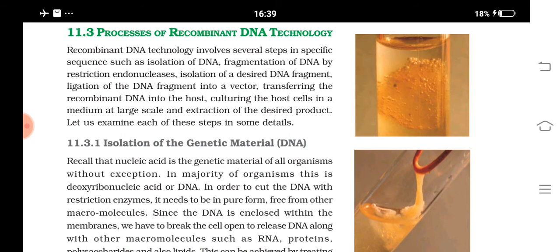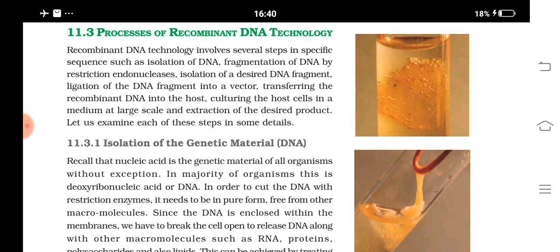Then that desired DNA fragment should be ligated, should be joined into a vector, isn't it? Then this recombinant DNA, that is vector with the gene of our interest, that should be inserted into the host, isn't it?